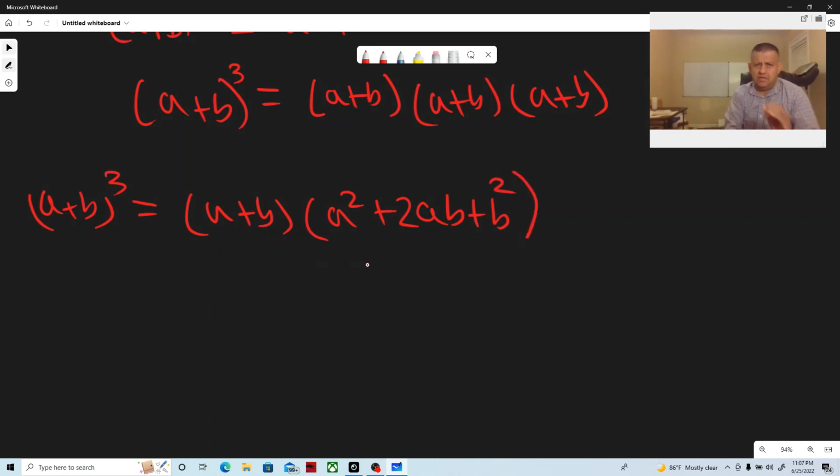Now, doing this, I get a plus b cubed is equal to a times a squared, which is a cubed.